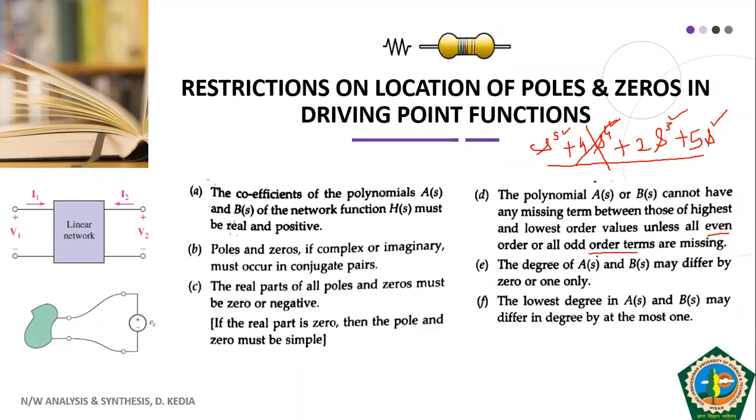This is allowed, because you have all the odd order terms present and evens are missing. Similarly, even may be present and odd may be missing. This is your fourth condition.